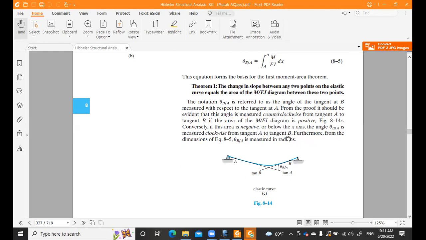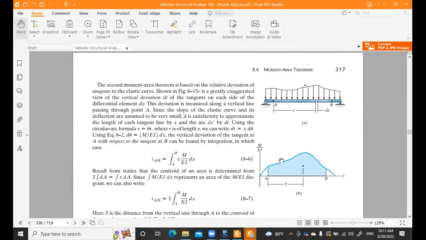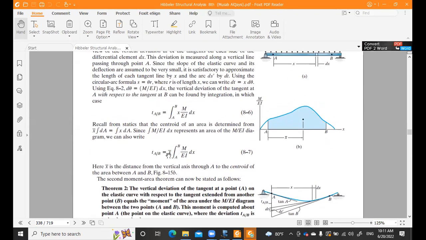That is for the first theorem. Second theorem, this x bar is what we are looking at. The x bar is the distance from the vertical axis through A to the centroid of the area between A and B.